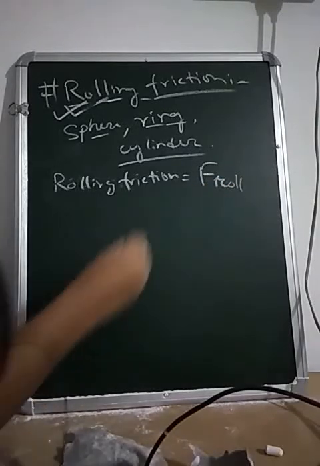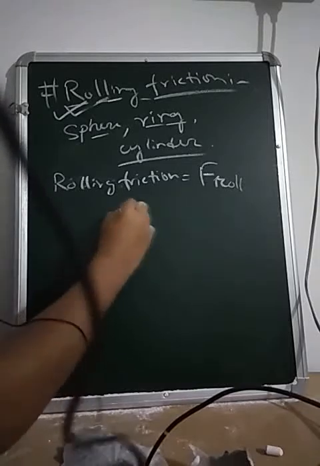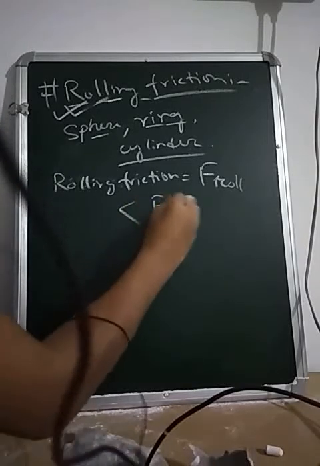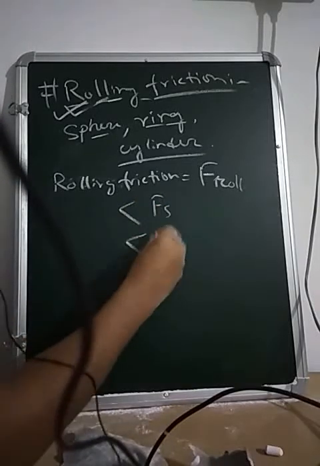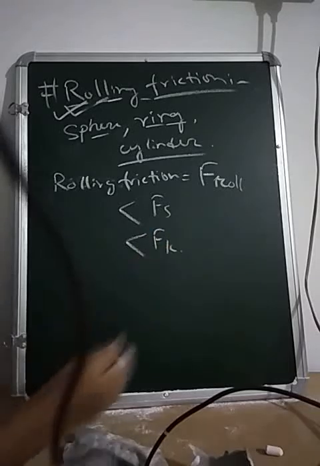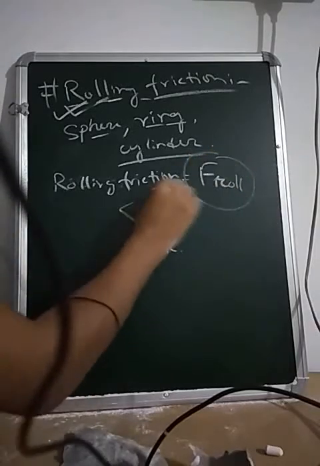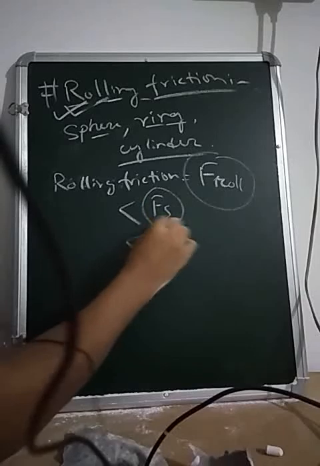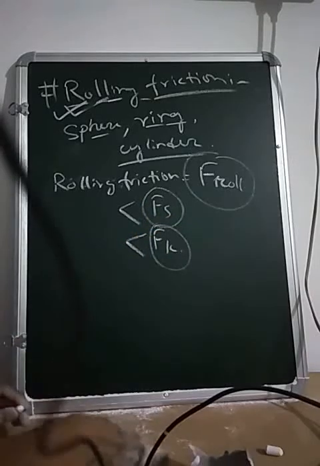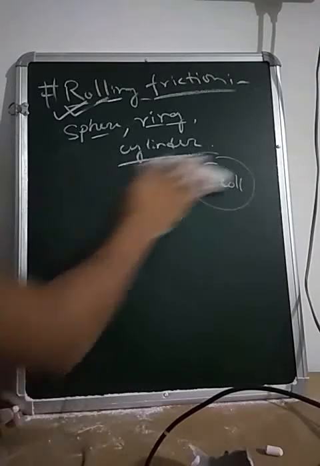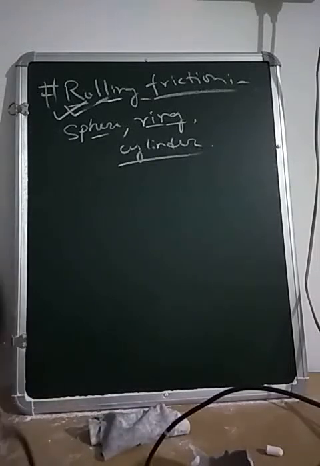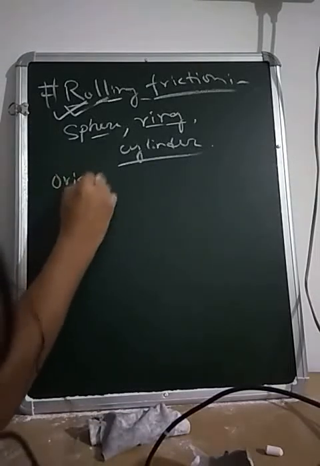It is very much less than the static frictional force and also very much less than the kinetic frictional force. It is very less as compared to static and kinetic frictional force. So what is the origin of this rolling friction?